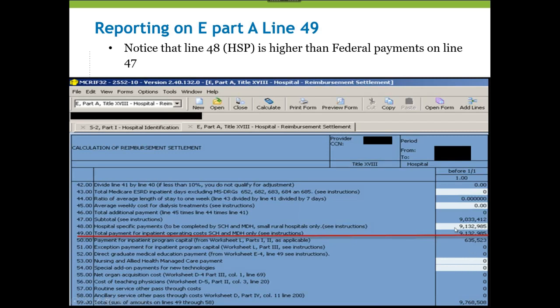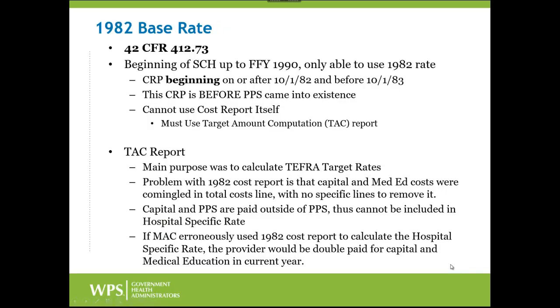If when we calculated line 48 to get a hospital-specific payment, we used a 1982 base rate that already included capital and GME, we'd be double paying capital and GME because it would be added in here as well. That's the problem with the 1982 cost report. So again, if a MAC were to erroneously use that 1982 true cost report, then there would be a double payment there. This is the reason that TAC report is required.